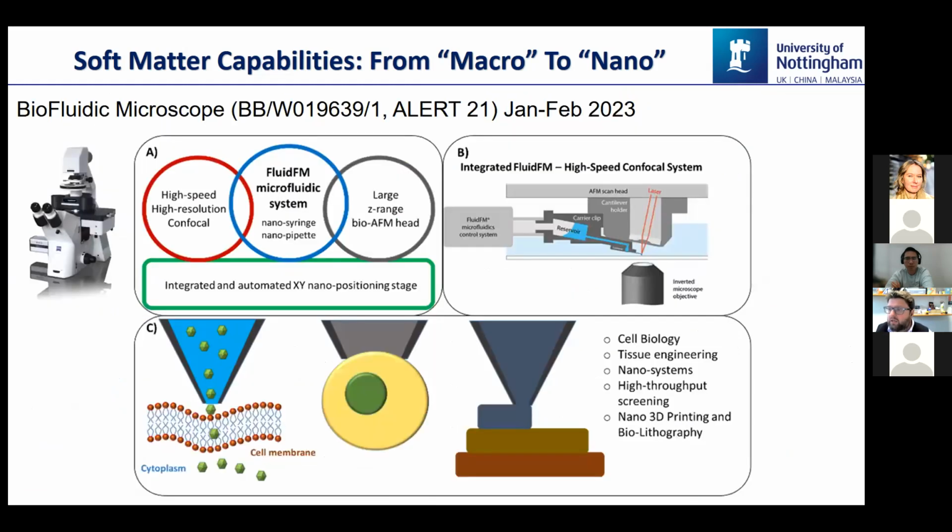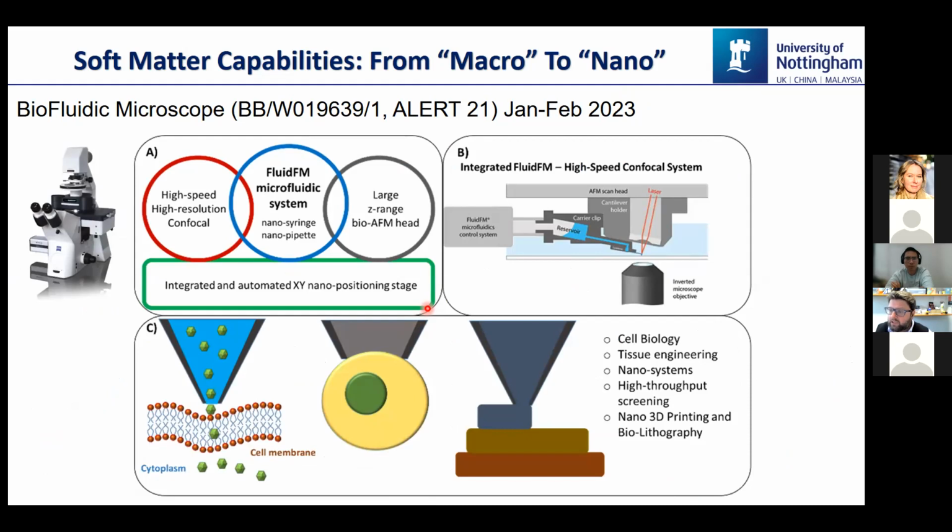This is just a big advertisement a little bit. We've got funding for a biofluidic microscope that will be commissioned early next year. It has all been ordered and procured, and we're just commissioning this instrument.